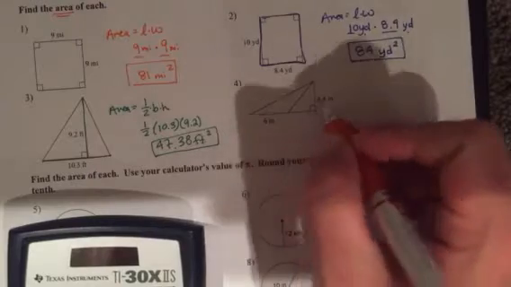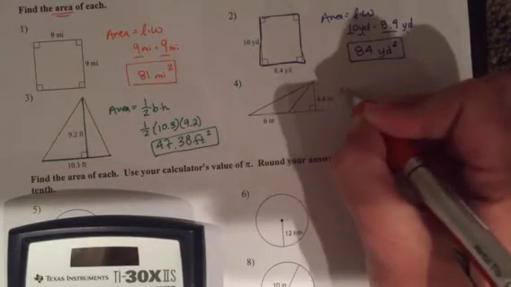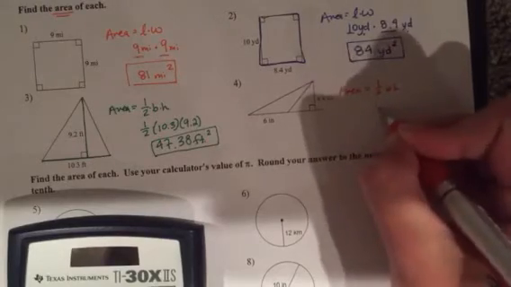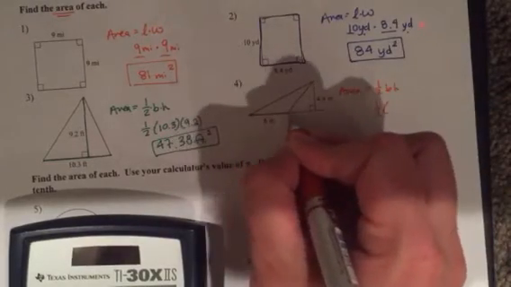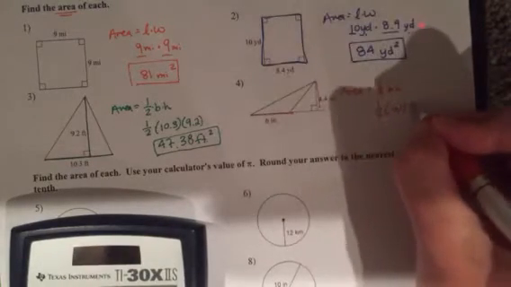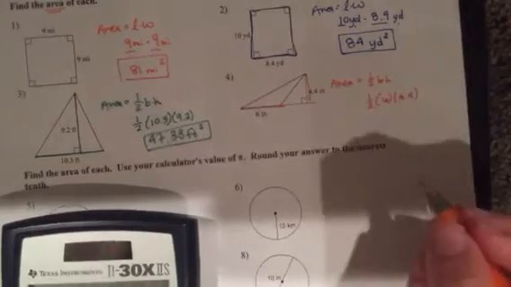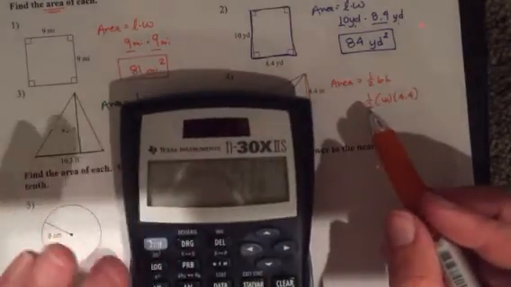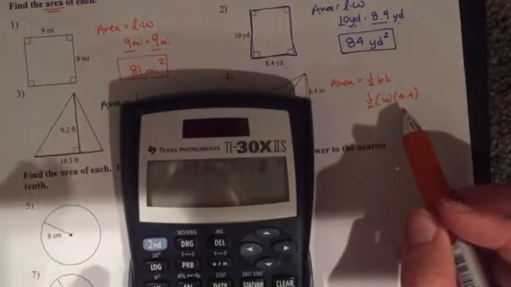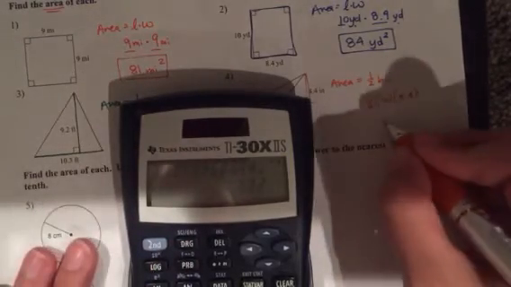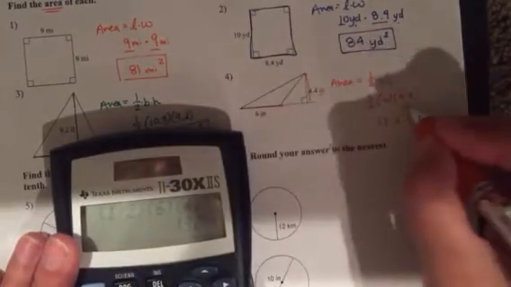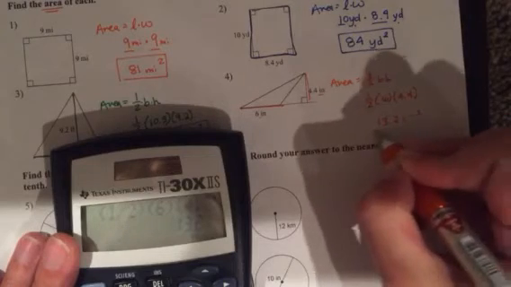I have my triangle again, so I'm going to use the area equals 1/2 base times height. 1/2, the base is 6, and the height is 4.4. 1/2 times 6 times 4.4 equals 13.2, and because it's inches times inches, it would be inches squared.